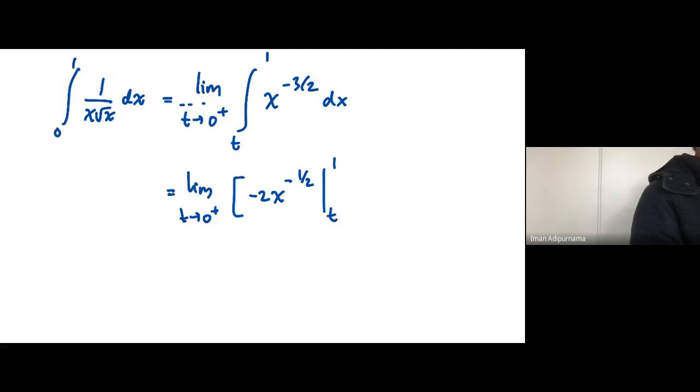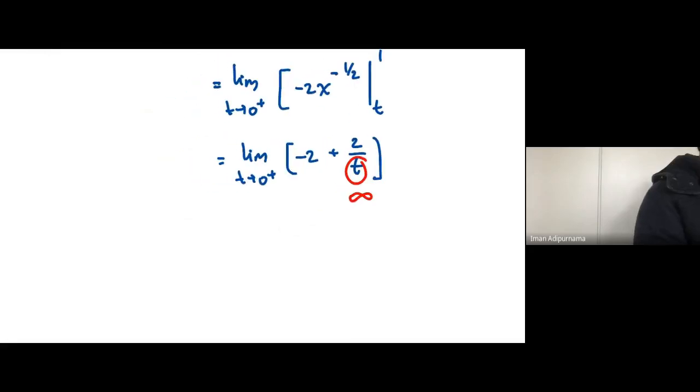And then from t to 1. And then you still need to solve this. It's actually having t at the bottom, right? In which it will have the infinity. So our conclusion here is diverge, right?